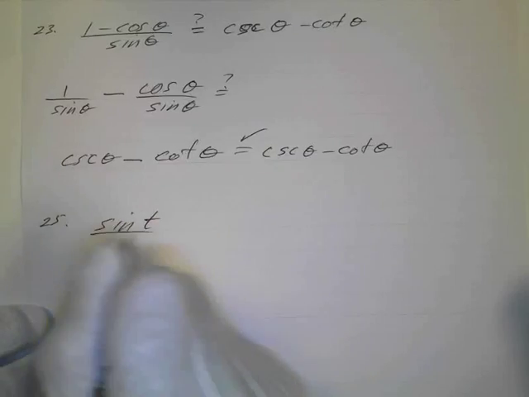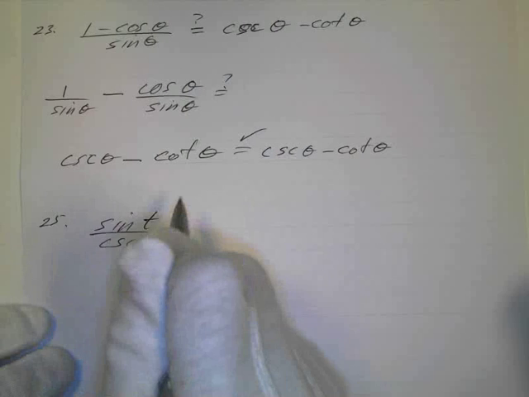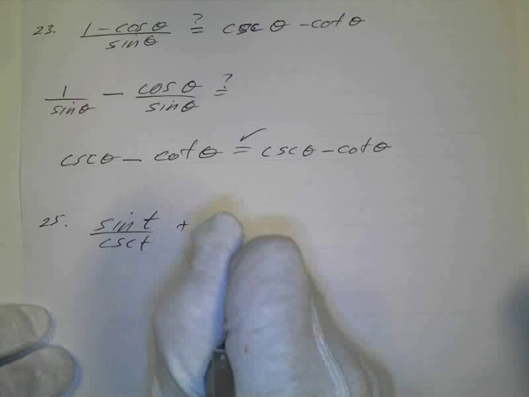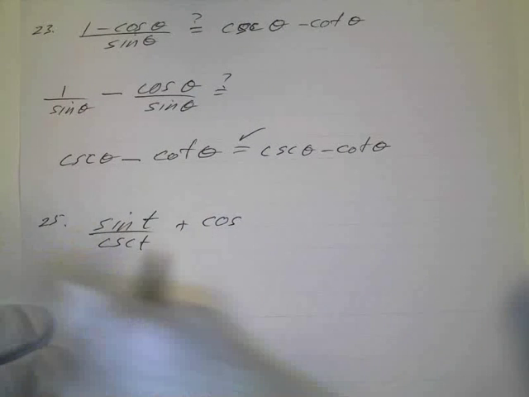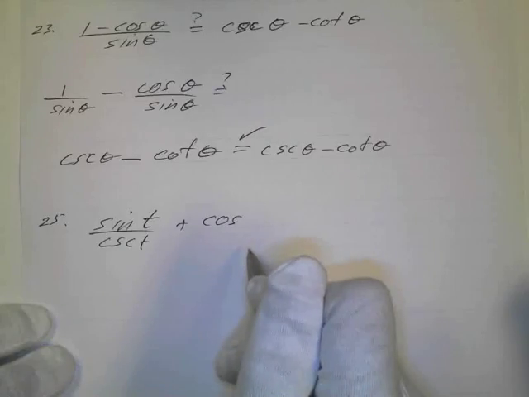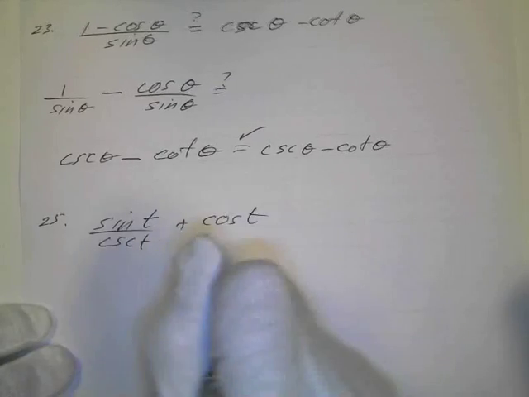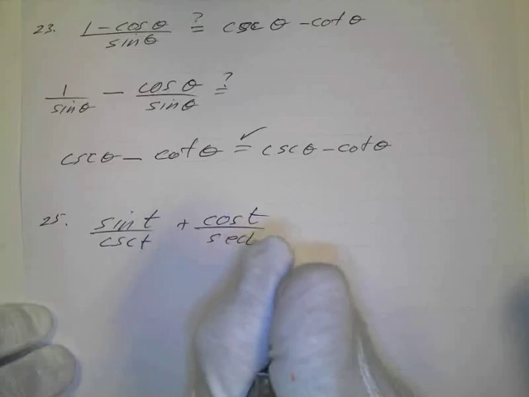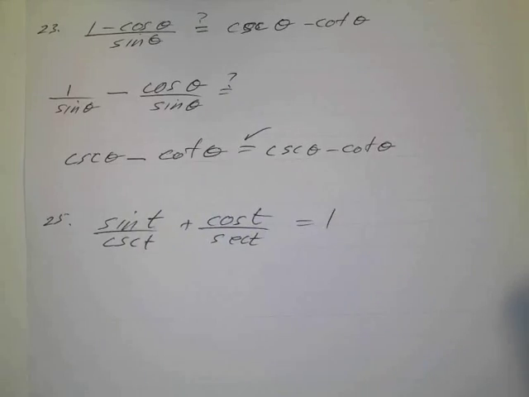We have the sine of t times the cosecant of t, plus the cosine of t over the secant of t equals 1. So I'm going to try to get maybe cosine squared and sine squared.